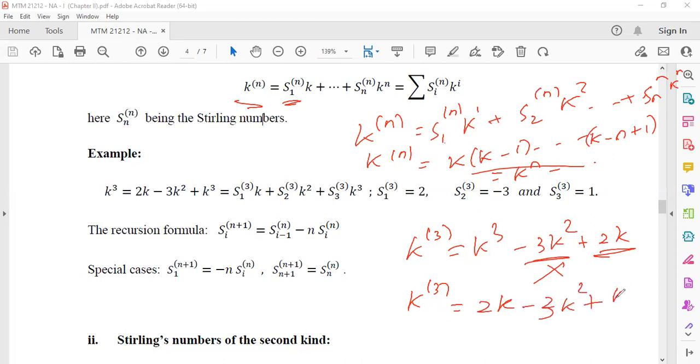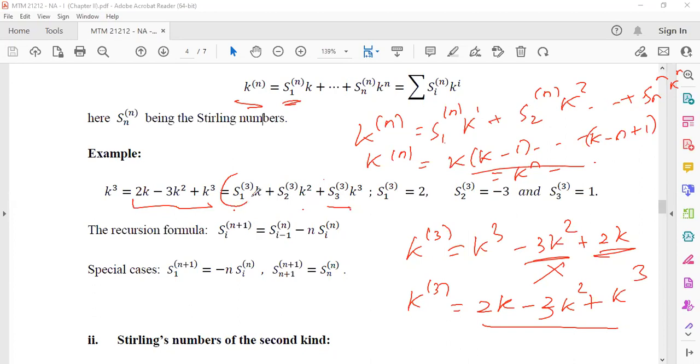There may be some terms not available. Sometimes they may not have them, anyway here no problem. So you have to equate this into our S1 3 k, S2 3 k squared and S3 3 k cubed.